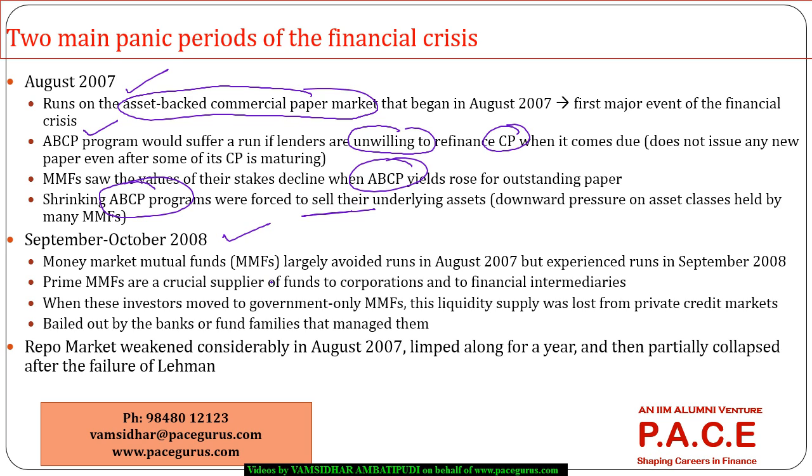But the second, and the most heavy damage, occurred during September-October 2008. To a large extent, money market mutual funds, which were expected to face a big disaster in August 2007 itself, avoided large runs, but they could not avoid the situation in September 2008. The prime money market funds are the crucial suppliers of funds to the corporations and financial intermediaries that you are already aware of.